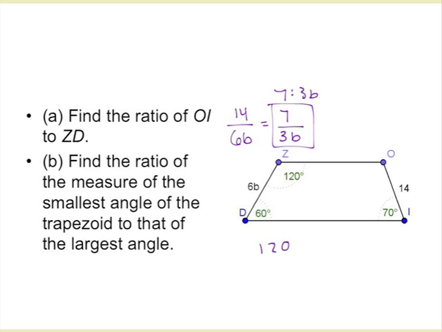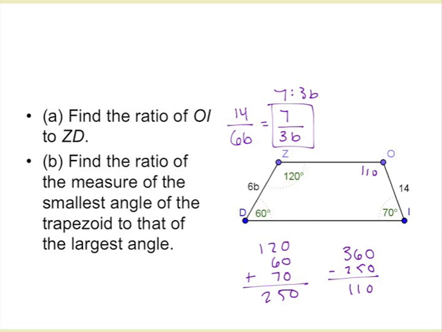So we can add up what we have so far, and that adds up to 250, and subtract that out, and find out that there's 110 left over for that angle. So it turns out that angle O wasn't the biggest or the smallest, but that is something we should check, because it could have been, and then that would need to be part of our answer.